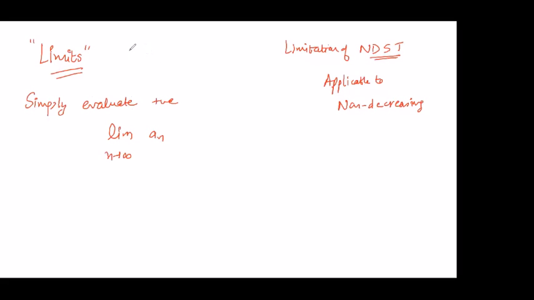So the question which I'm asking is, you are given a sequence a_n, and to check whether it is convergent or divergent. I'm writing the short form CGT, DIVGT. What we have to do is just one step.